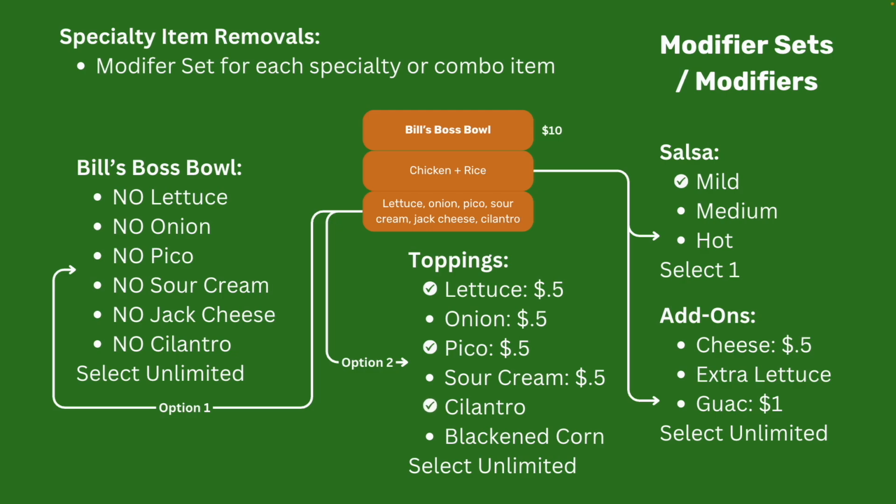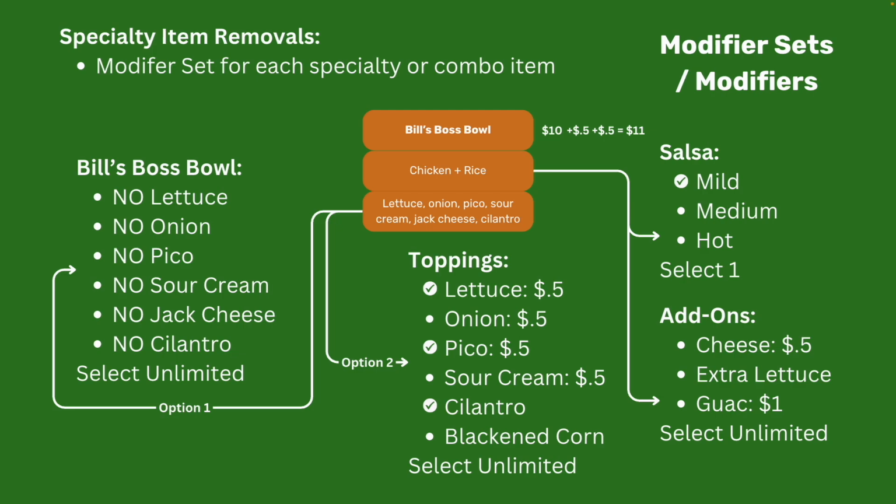What this will do for the customer is it will show them now a different price. It'll show them the additions. It'll show them that base price, $10, plus the 50 cents for the lettuce, right here, and the 50 cents for the pico, right here. And then the cilantro and the mild pre-selections are free, so they won't show a price increase. And then this will make the total price $11.